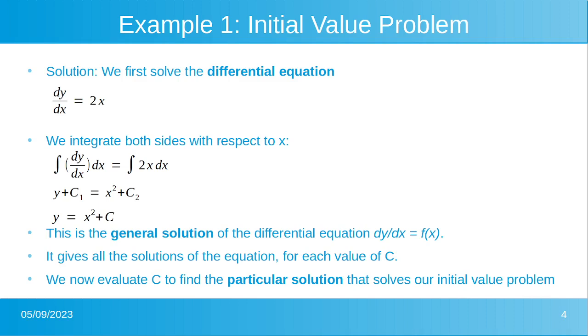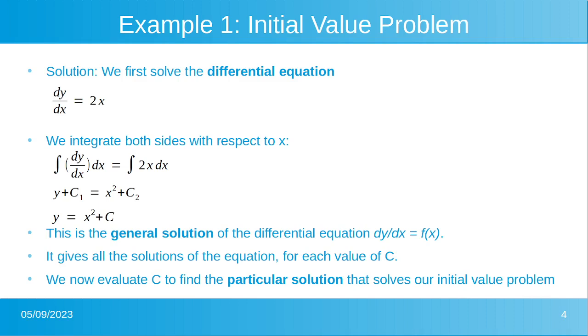So on the left hand side of the equal sign, our indefinite integral of dy/dx with respect to x is y plus a constant of integration c1. Then after the equal sign, we've got the indefinite integral of 2x with respect to x, and that evaluates to the antiderivative x squared plus another constant of integration c2.